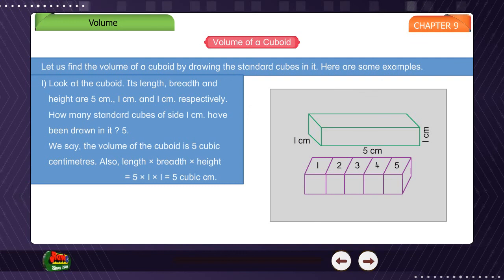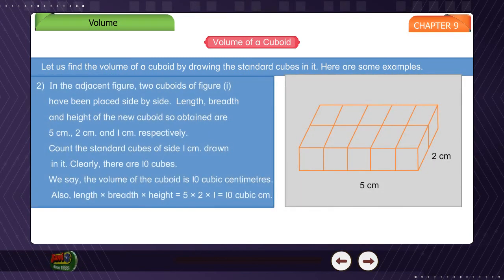How many standard cubes of side 1 cm have been drawn in it? 5. We say the volume of the cuboid is 5 cubic centimeters. Also, length into breadth into height is equal to 5 into 1 into 1, which is equal to 5 cubic centimeters.